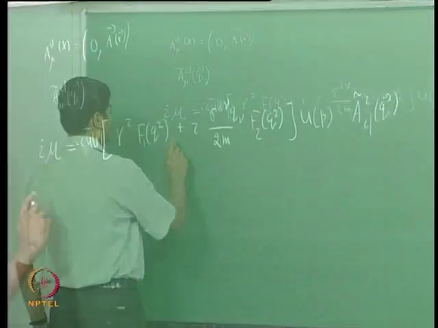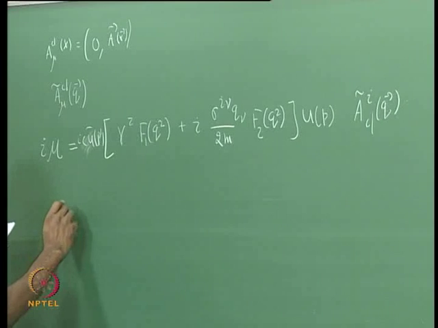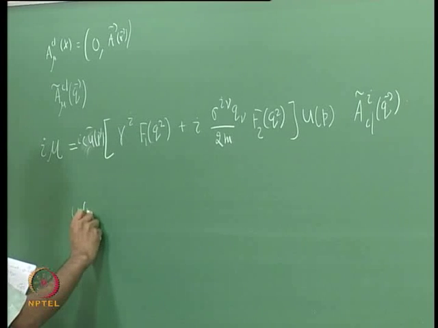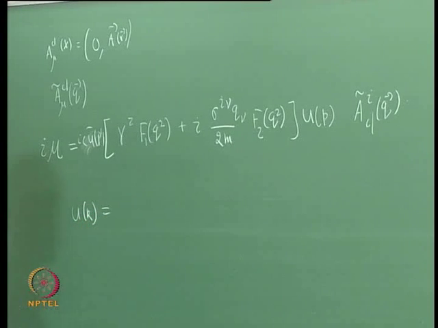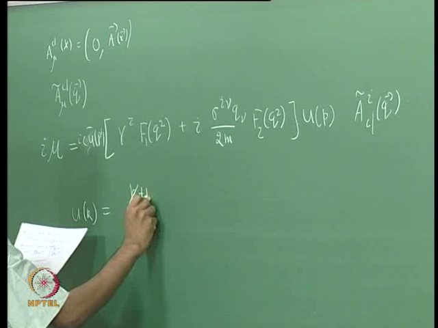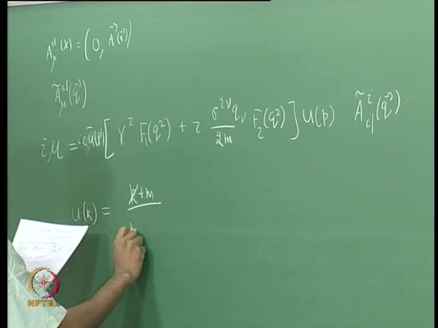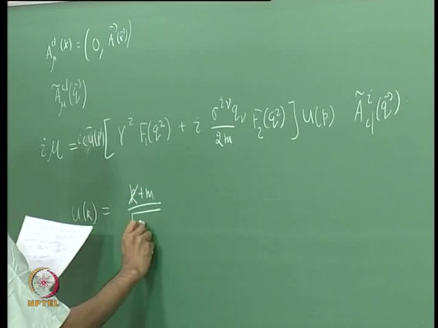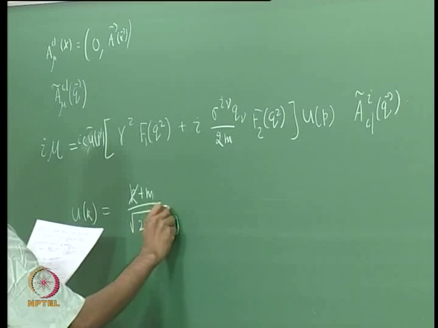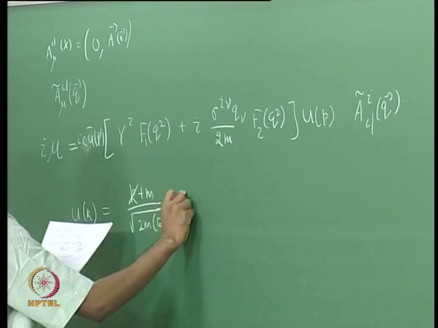So, we will use the exact expression for the Dirac spinors that we derived when we quantized the Dirac field. The exact expression is given by (k̸ + m) divided by √(2m(E + m)) u(0).